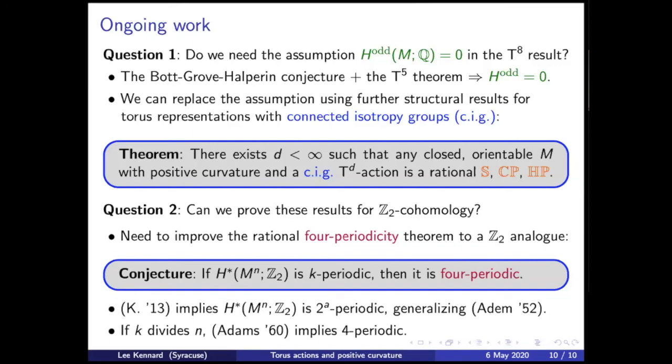Well, except now Adams proved that K can just be 1, 2, or 4. So this is a special case of this conjecture where K divides the dimension. There are various other special cases we know about where the conjecture is true, but I want to advertise this conjecture as widely as possible in case somebody more competent with these tools could prove it. It would have applications to this area.